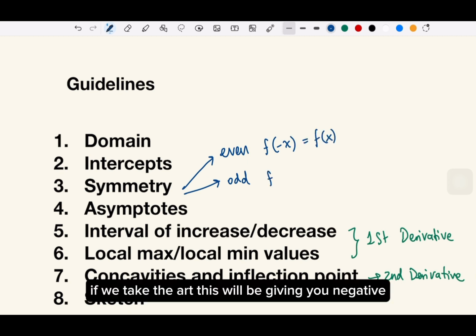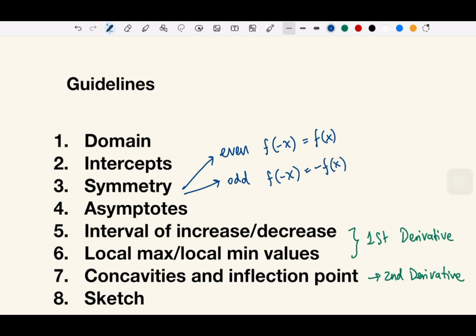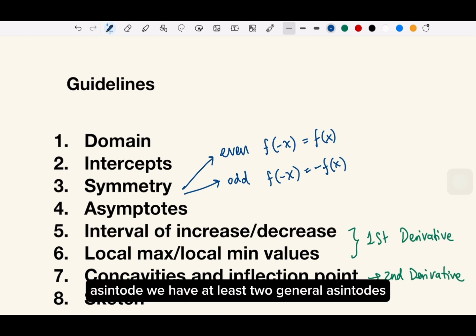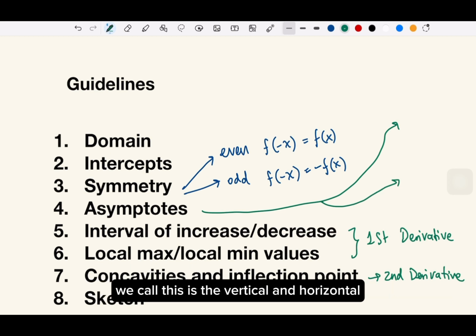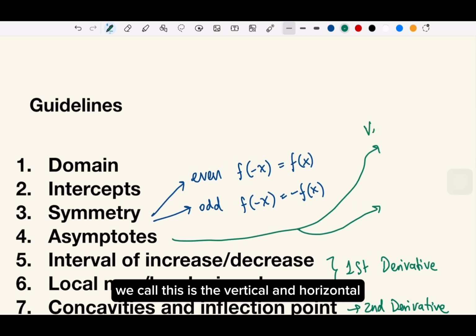If we take the odd, this will give you negative. Asymptote, we have at least two general asymptotes. We call these the vertical and horizontal.